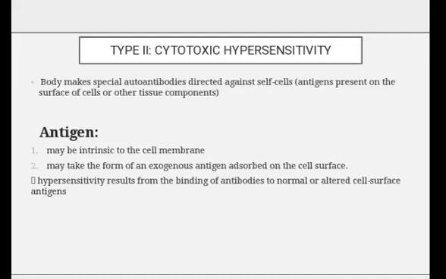These two are the examples. Second, cellular lysis or phagocytosis also happens due to this hypersensitivity reaction. Opsonization, in which phagocytosis or complement activation can occur in these hypersensitivity reactions.